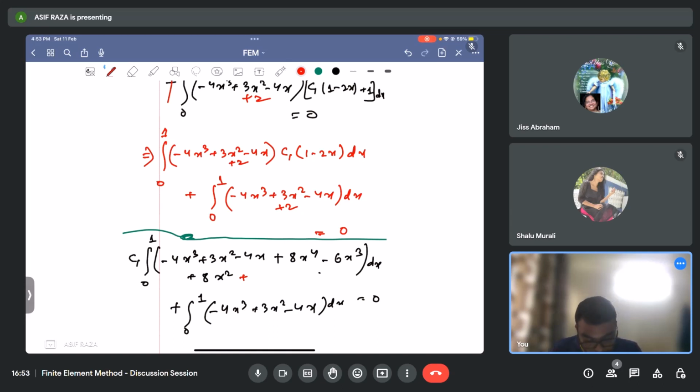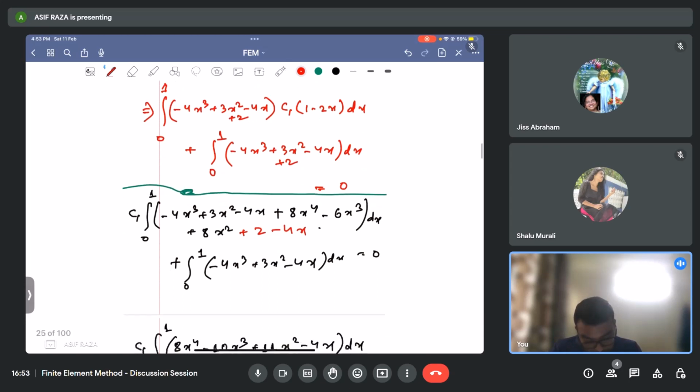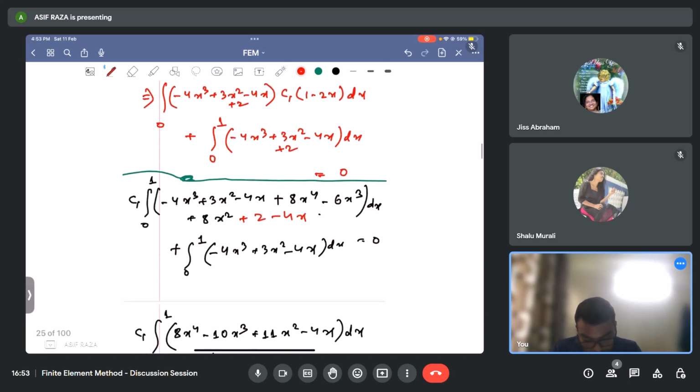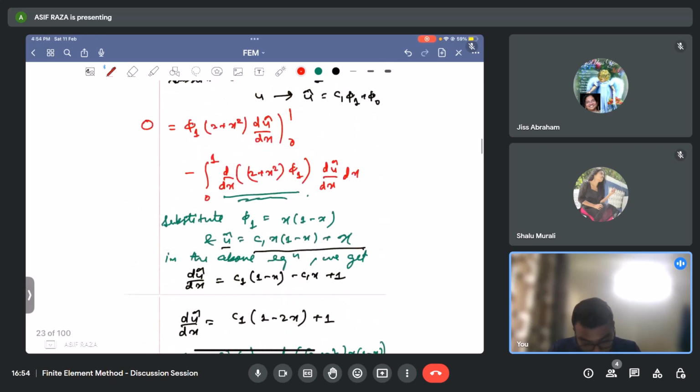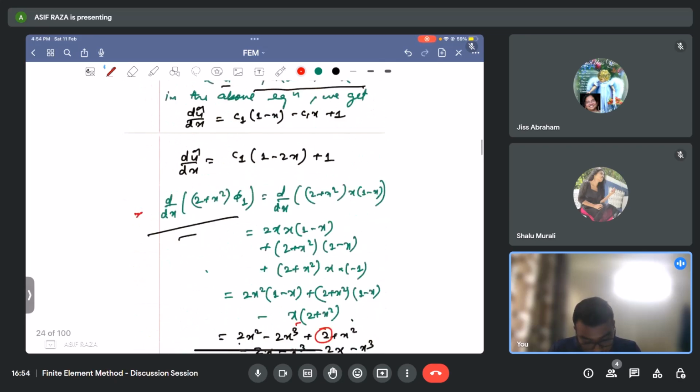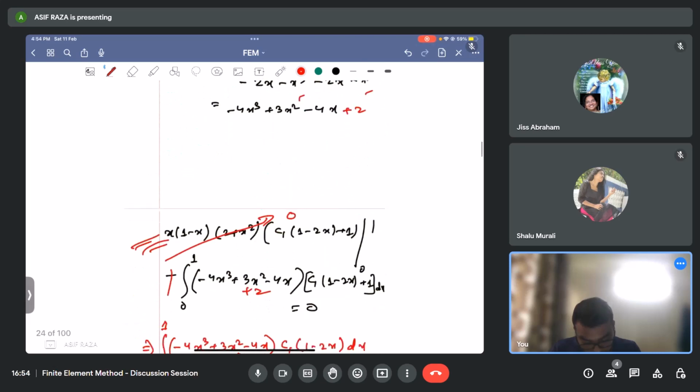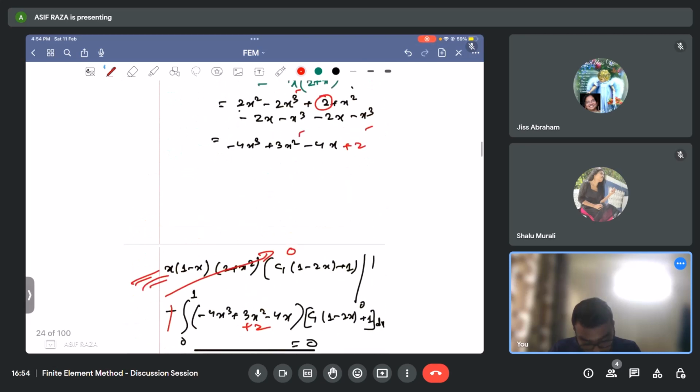C1 is out. We have to write 2 minus 4x. Yeah. Okay, and 2 here, so this will be equal to plus 2. Then let me see, yeah.